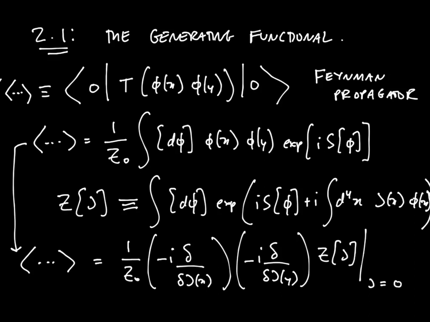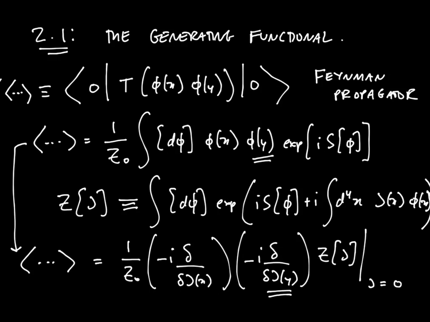Okay. So in other words, I take a functional derivative with respect to J of x, which brings down a phi of x, and I take a functional derivative with respect to J of y, and that brings down a phi of y. All right. Okay. So now we just have to evaluate this.